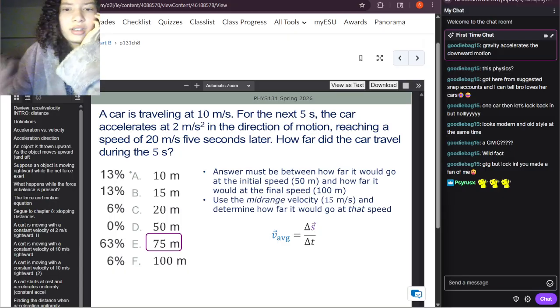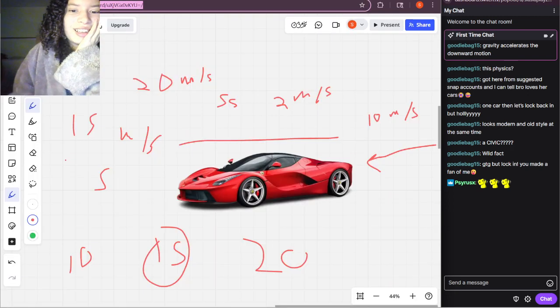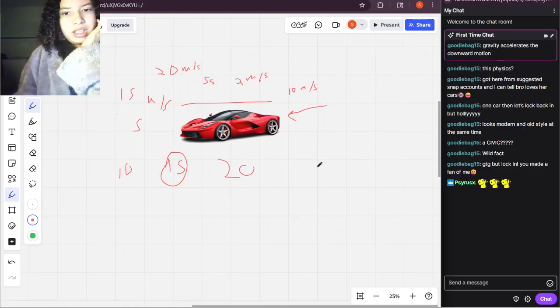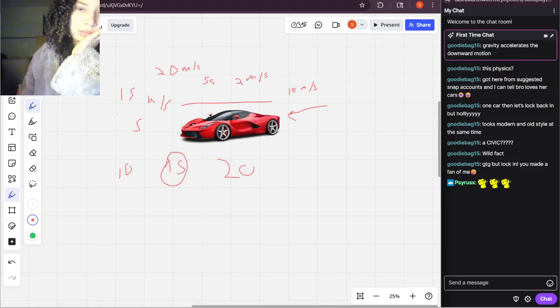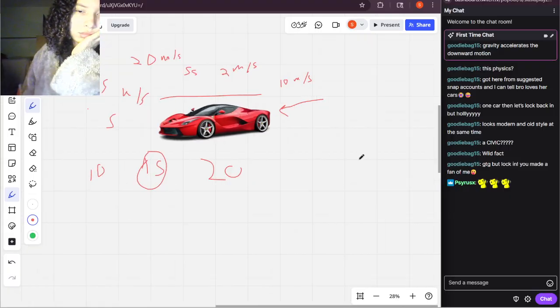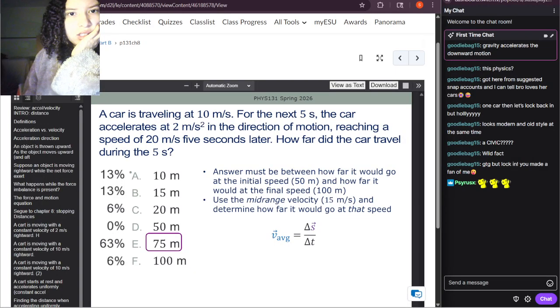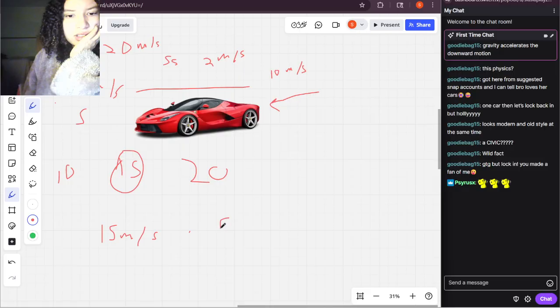Where did I go wrong here? So yes, 15. 15 is the middle. So 15 meters a second over 5 seconds.